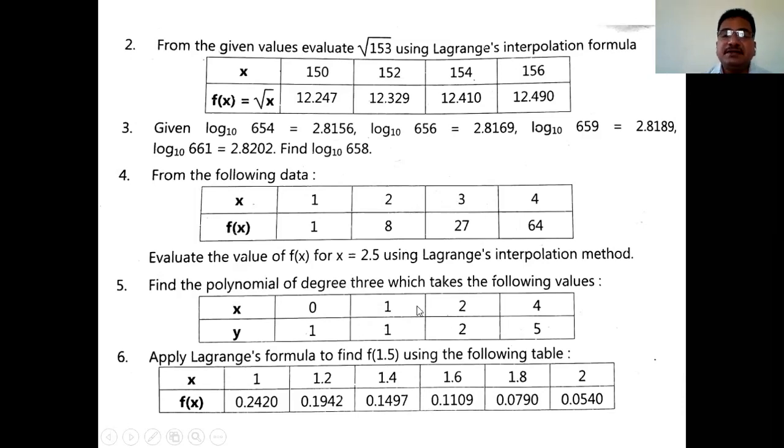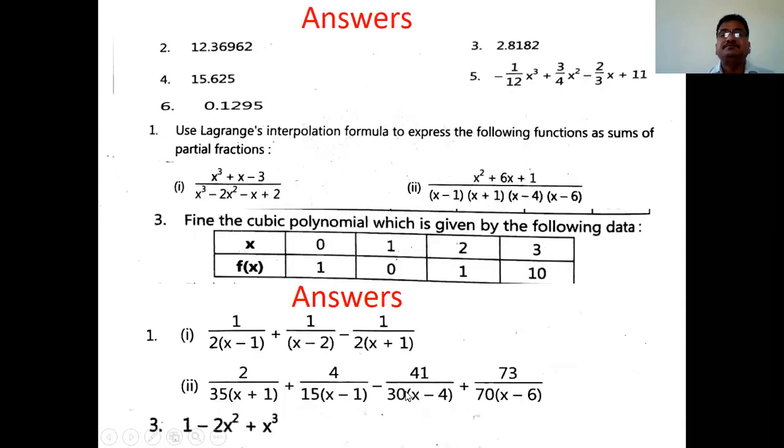So write x as x and simplify, we get the polynomial. Similarly, solve the next problem. Answers are given. The answer of that third degree polynomial is this. If you have to find a polynomial using Lagrange's interpolation formula, then just write x as x.